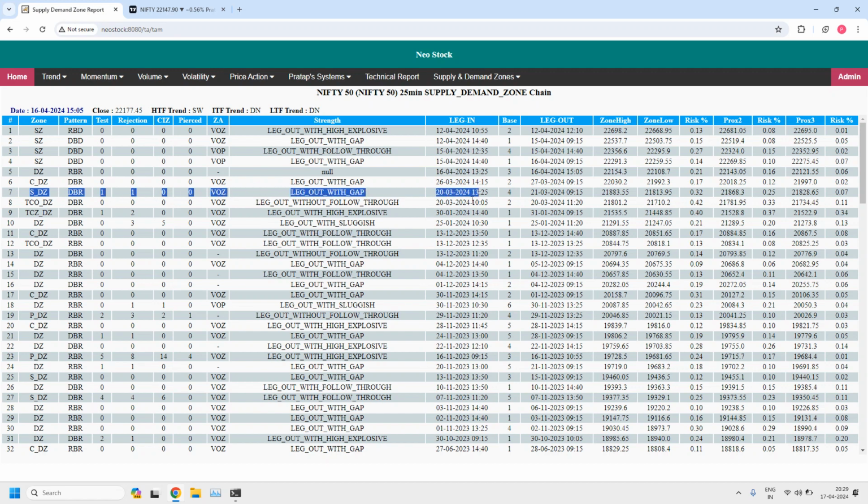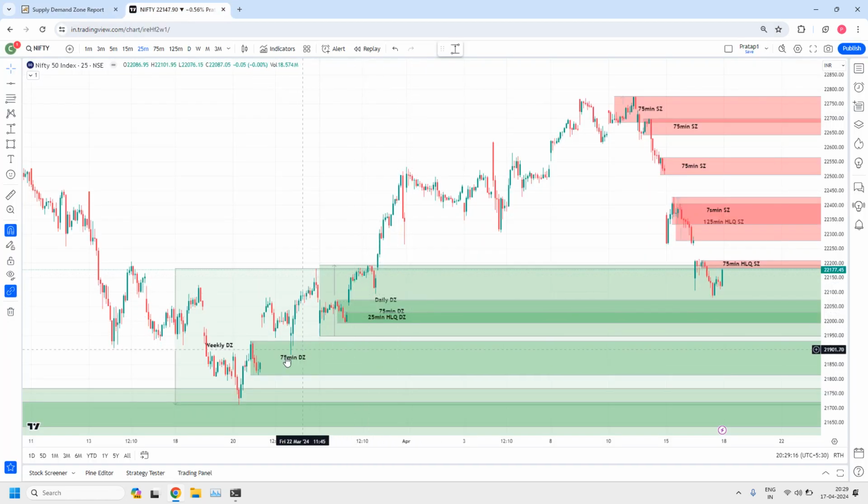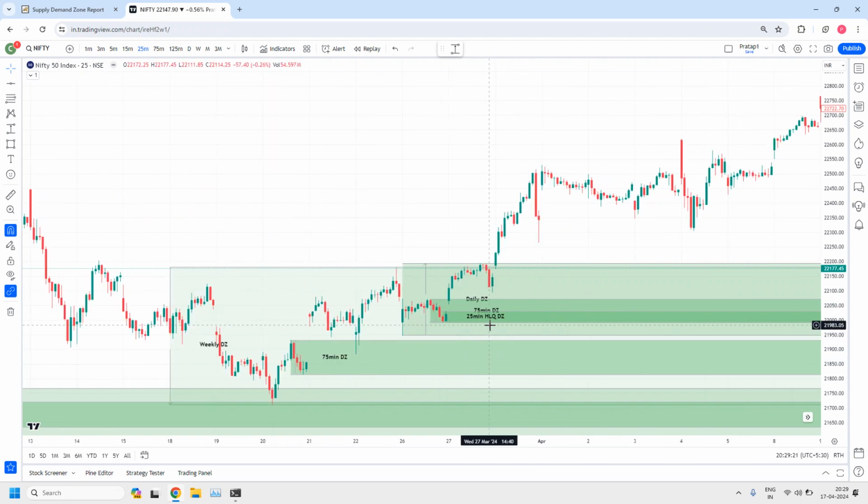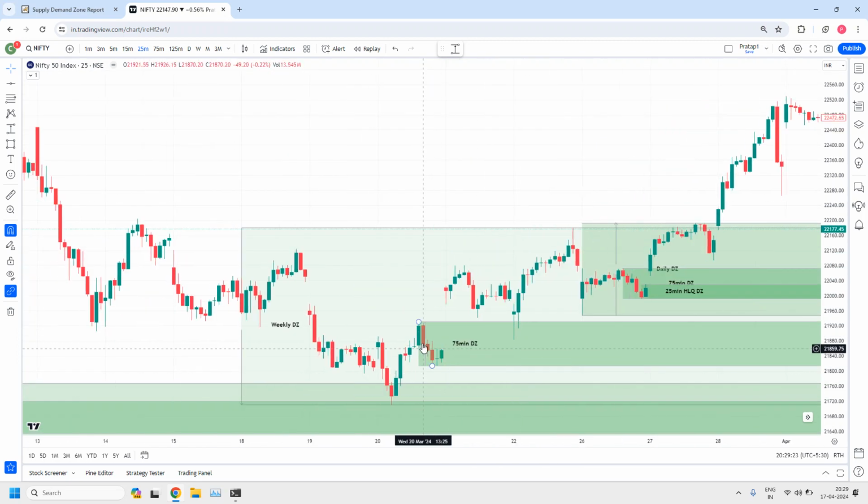This is on 23, 13.25, 4 base candles. Is it 23? Yeah. Why did this zone work, even though it is not a fine-tuned zone? The 75-minute zone is not inside the daily zone. Still it worked.